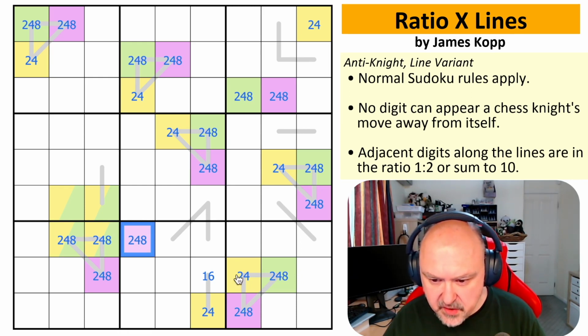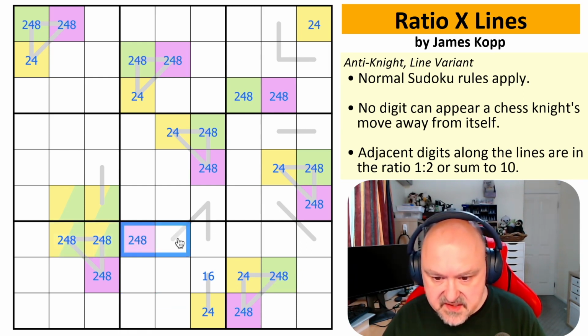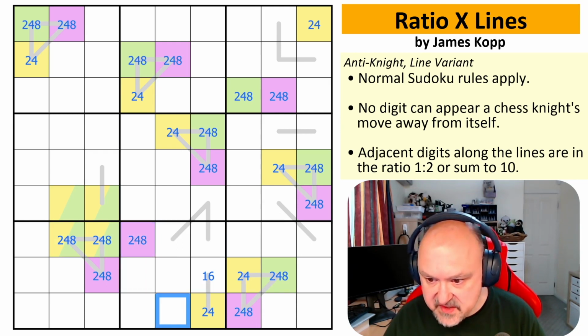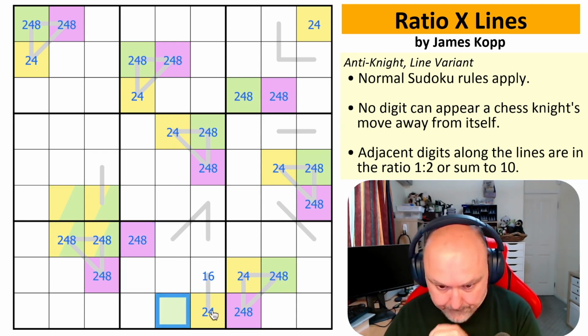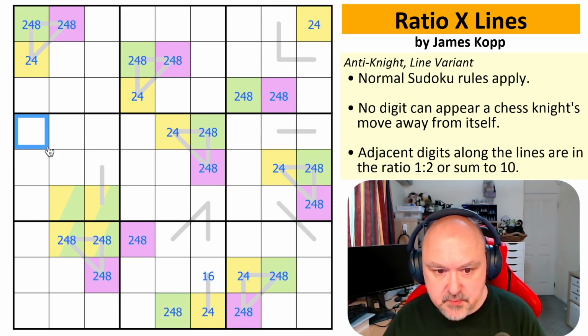Where does green go in this box? It's in one of... This is green. Because green is up here, so I can't put it there. Green is here, and that green is knocking it out of there. That is green. So this is 2, 4, or 8. Purple in this box is right there. These are 2, 4, 8.